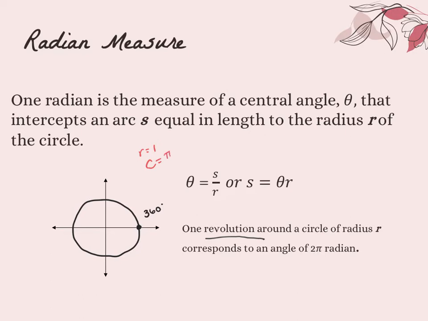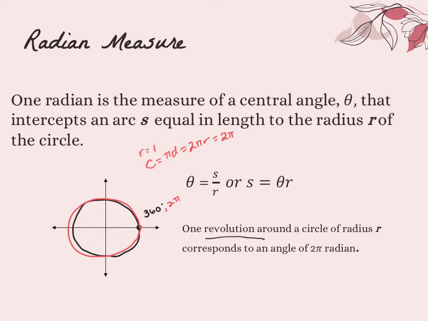Pi times diameter, or 2 pi r. So if my r is 1, what's the circumference? 2 pi. So all the way around this circle is 2 pi. So 360 equals 2 pi. 360 is in degrees, 2 pi is in radians, okay?